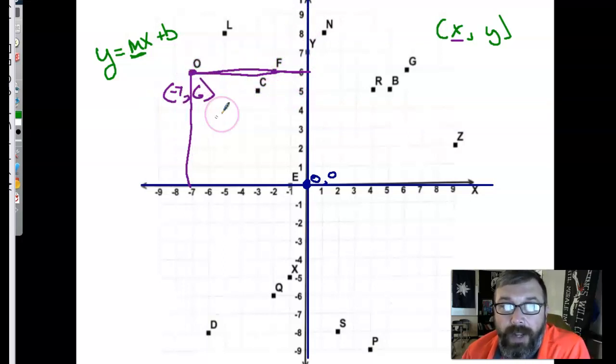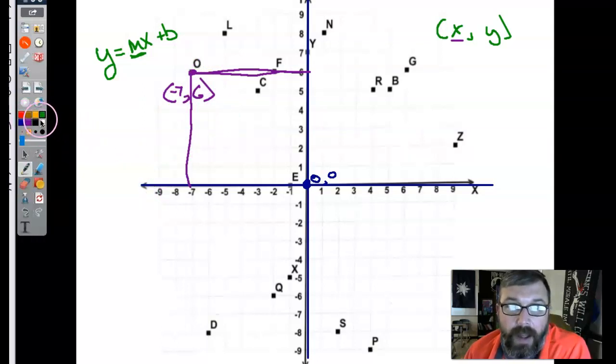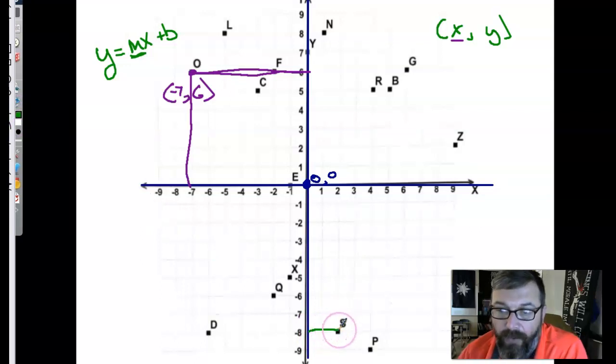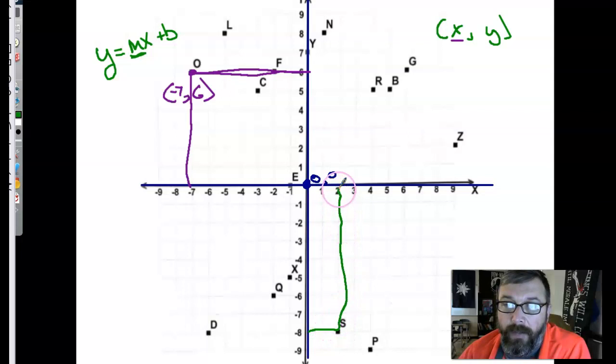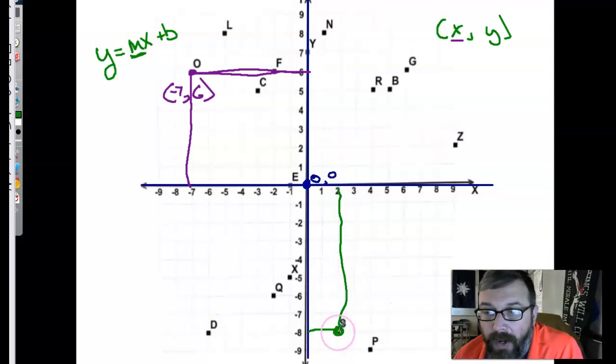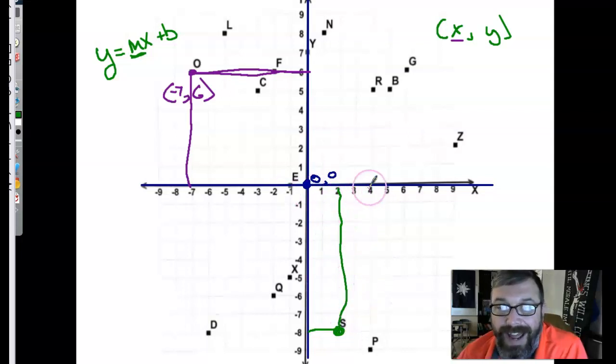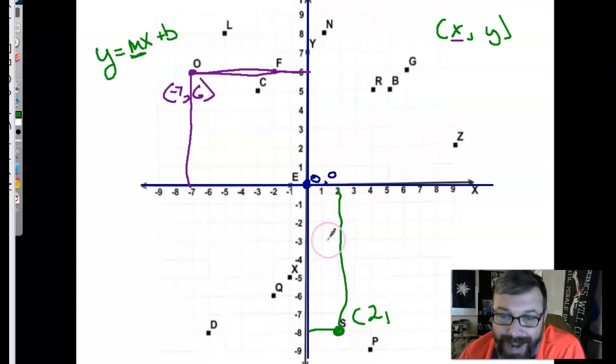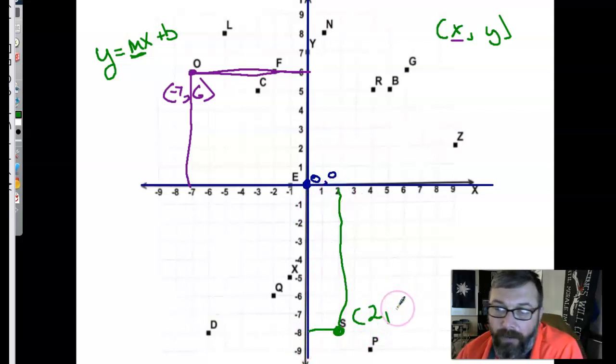So O would be located at -7, 6. However, let's say S. I can draw my lines. Boom. So I know that S, as far as the x goes, is 2 away from 0. But now it is -8 away from 0 vertically.